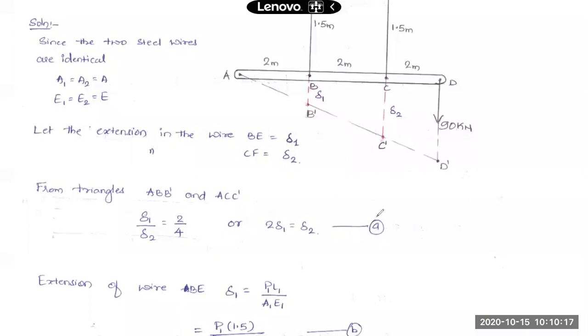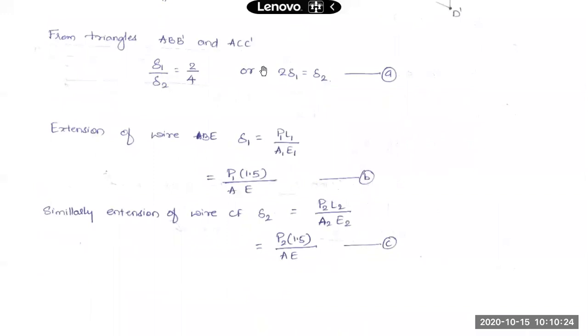Now what we have is the deformation in the wires. I can write an expression for that. What is the expression for deformation in any member? We have the expression delta equal to PL by AE. The same has been applied for wire BE and wire CF.